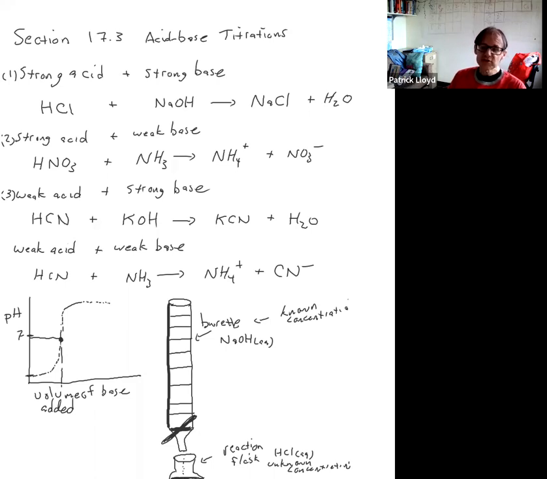So in the next video, I'm going to show you a couple of the possible calculations that we can do with these acid-base curves. We're just going to look at very specific calculations. We're not going to calculate everything along the curve. There are actually problems where you could do that.